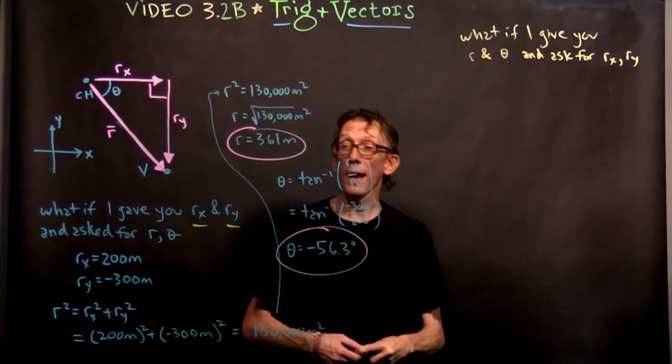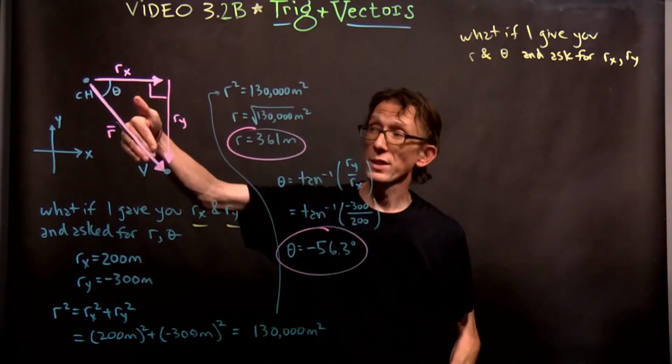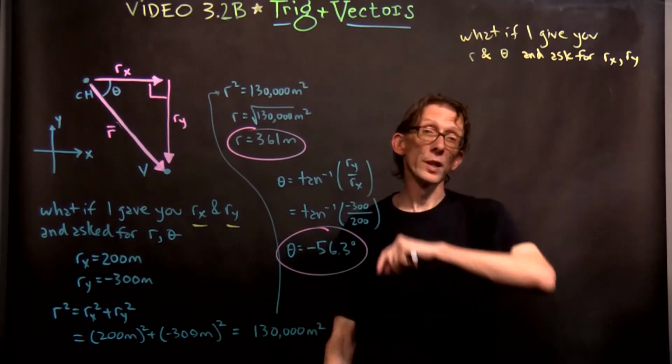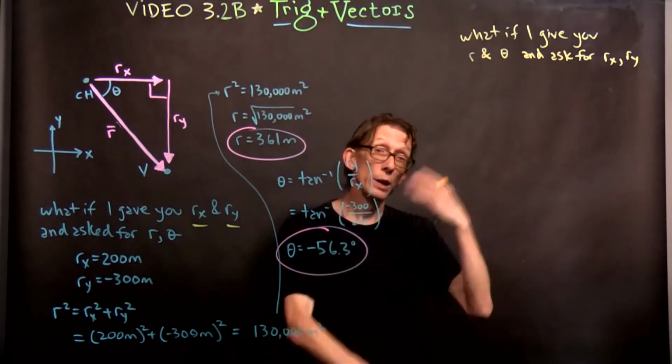Okay, so in the first part I gave you the components of R and you had to find the magnitude of R and its direction. Now I'm giving you the magnitude of the displacement R and the direction, and I want to ask for the components and go in the opposite direction.